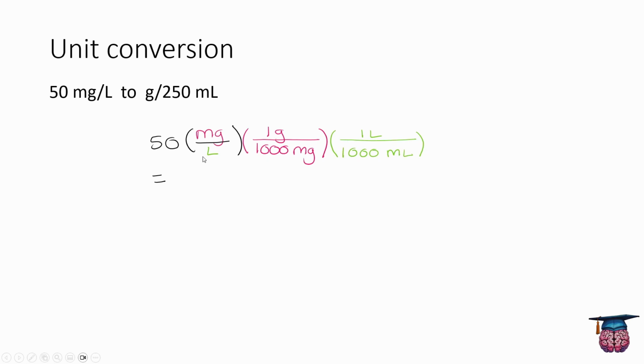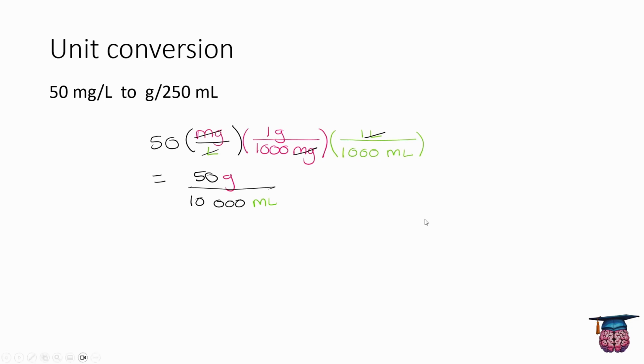Similarly, we want to get rid of the liter unit, so we need a liter above the line that we can cancel out. Now we cancel out our units that we will not be using, and we simplify. So now we have 50 grams per 10,000 milliliters.